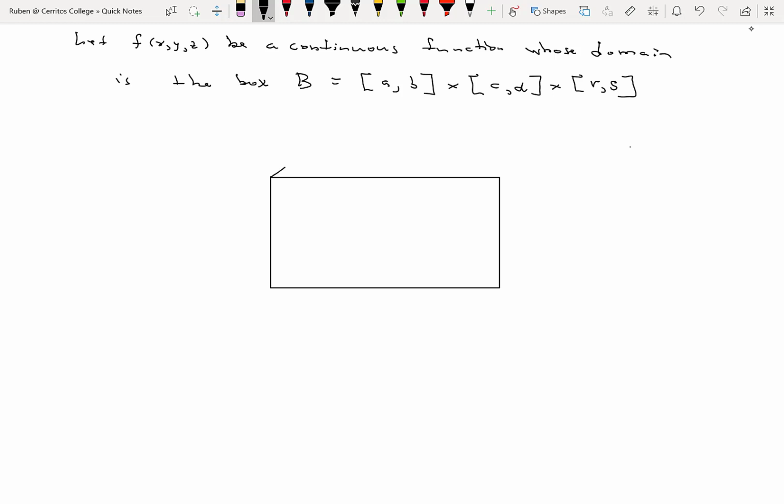Let's give it a top. Let's give it a back top edge. Let's give it a right top edge. Let's give it a right face.